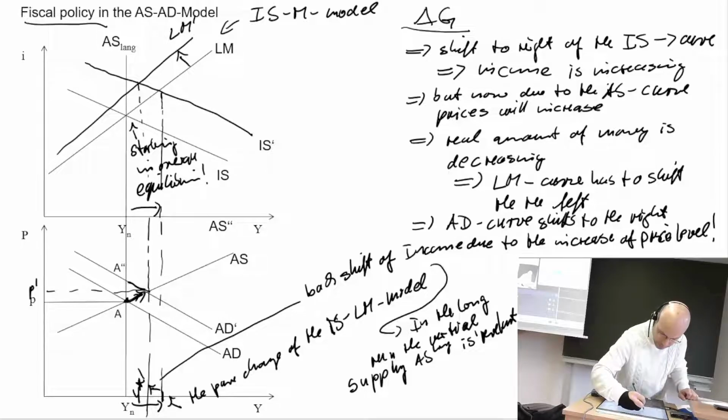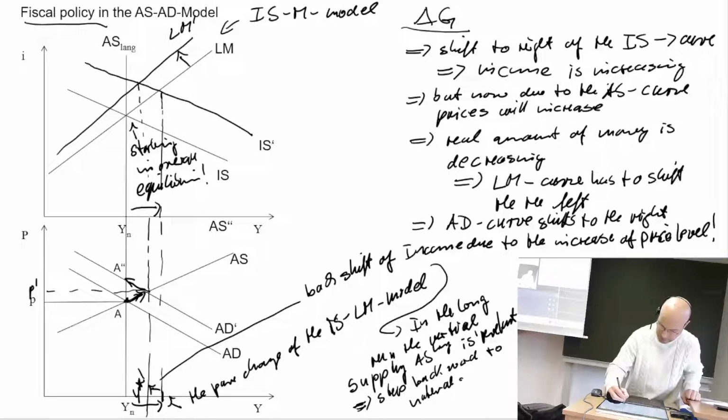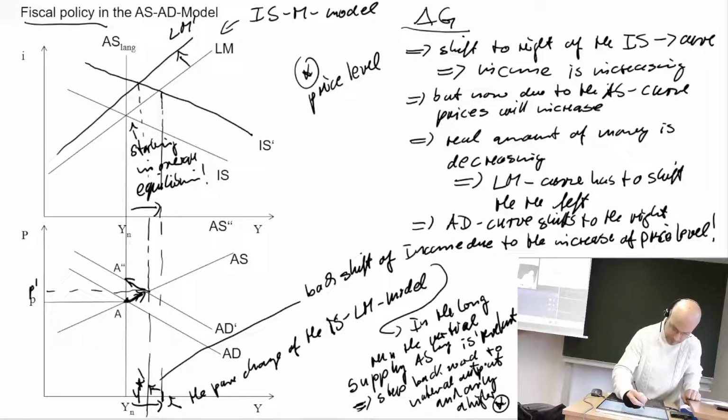We would move back to our natural output, a step backward to natural output and only a higher price level.